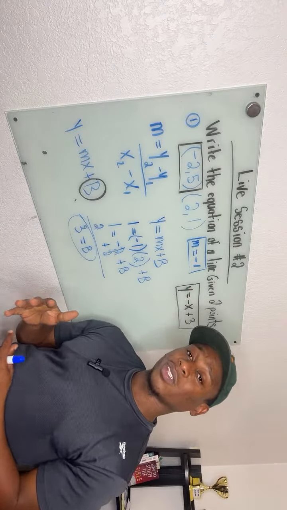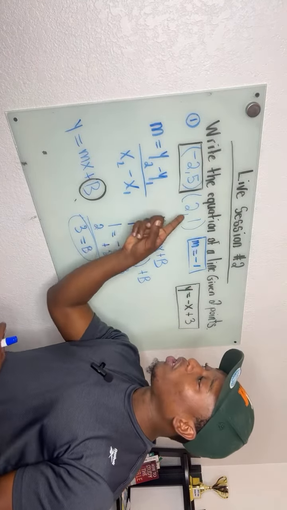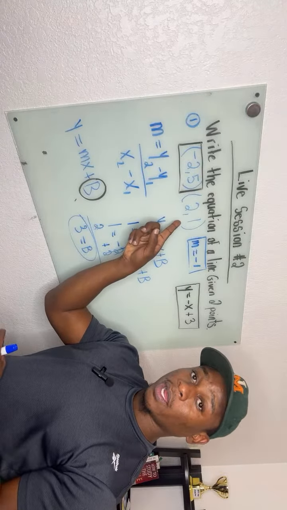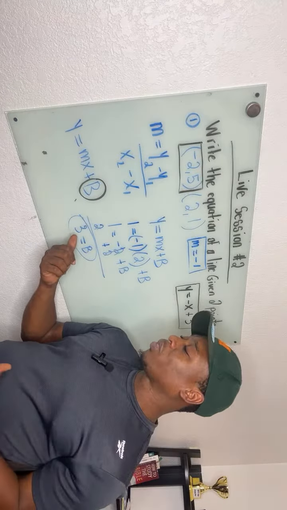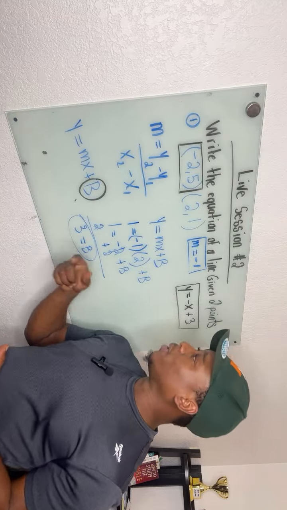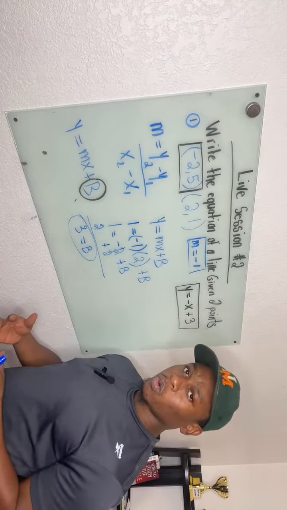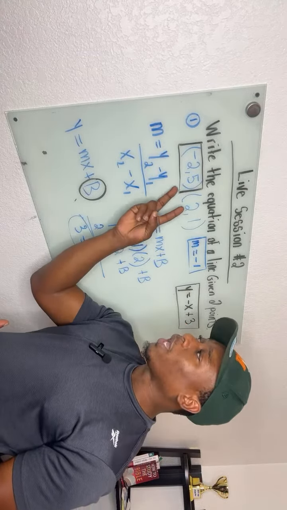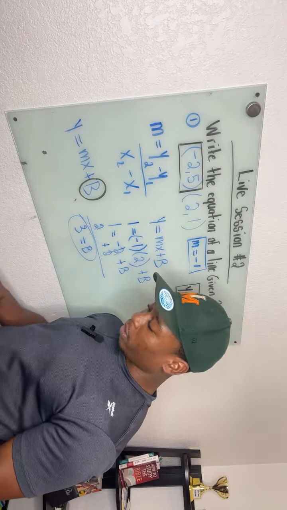What I'm focusing on is making sure that no matter what point we use, whether it's this point or the second point, we still get the same y-intercept and the same slope. And once we put it together, we get the same equation. So you can use any of these 2 points as long as you plug it in and solve correctly.